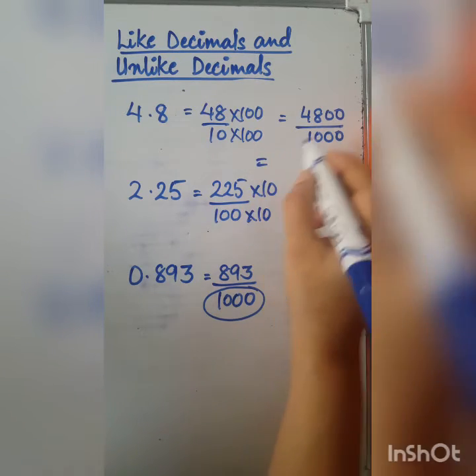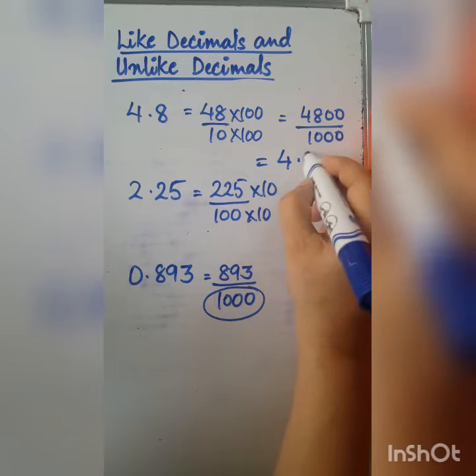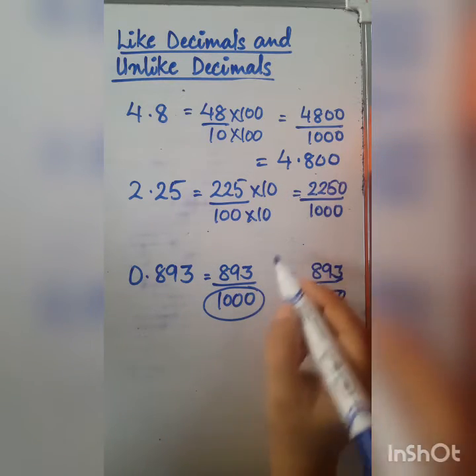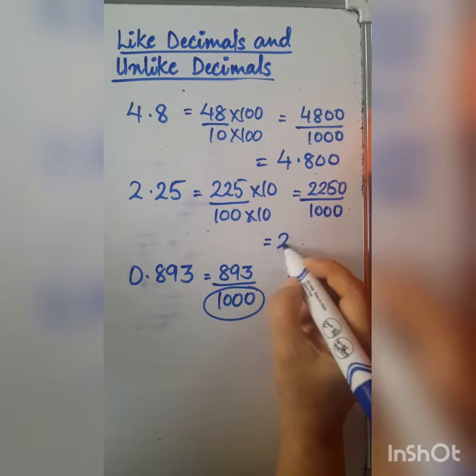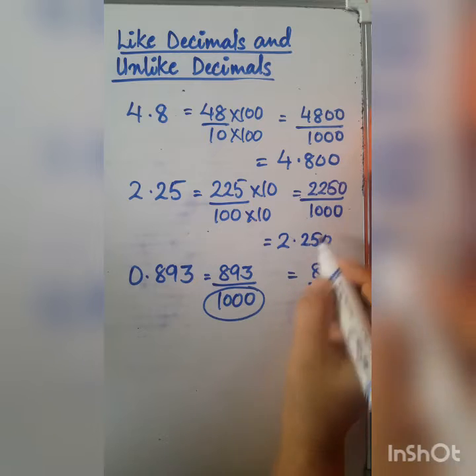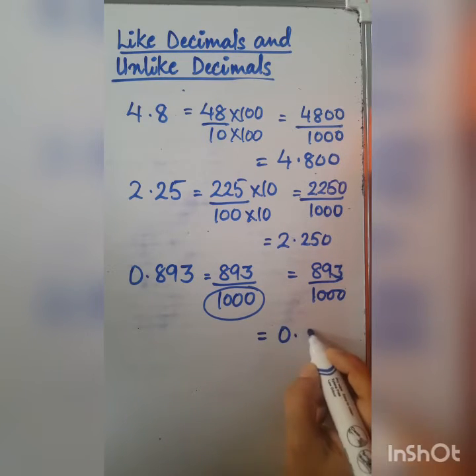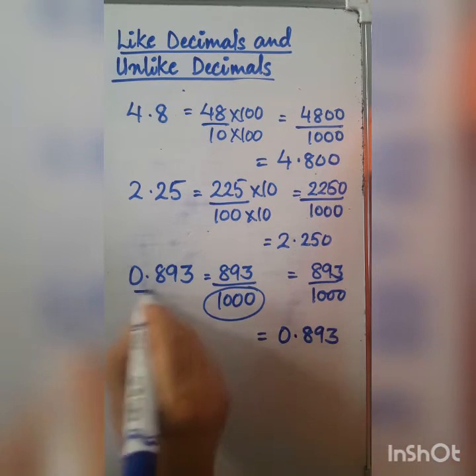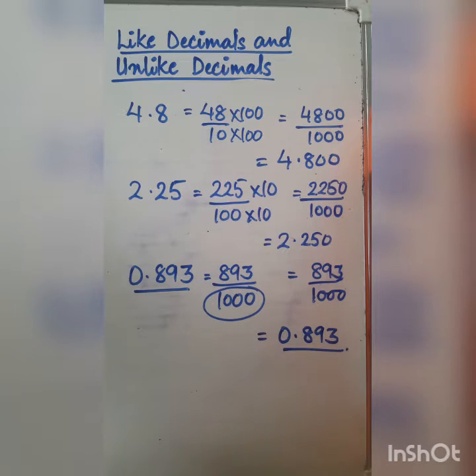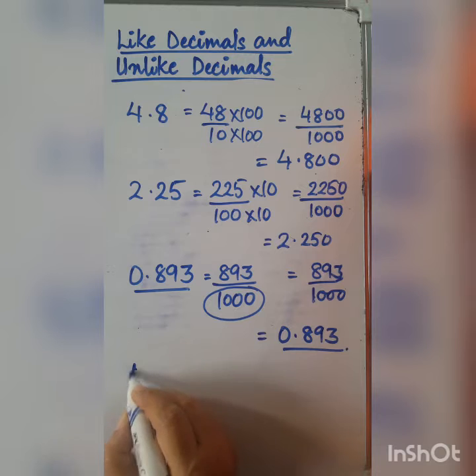In the decimal form, this can be written as 4.800. This in decimal form will be 2.250, and this will be the same as the original number, 0.893. So these are the like decimals now.